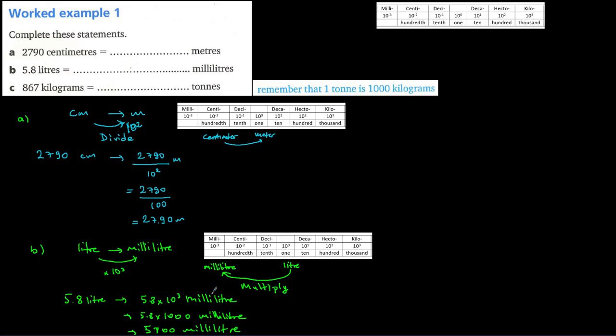Now if we solve the third one, here the unit is not in this table, that's why I'm not going to use that one, but let's do it like this, the C1. There is one important note here. 1 ton is 1000 kilogram. So this time we are given a smaller unit and we are going to convert to a bigger one.